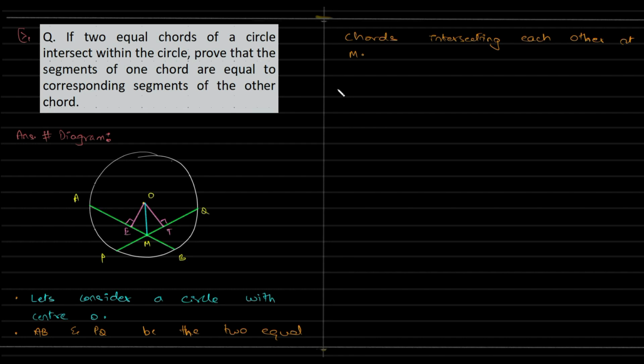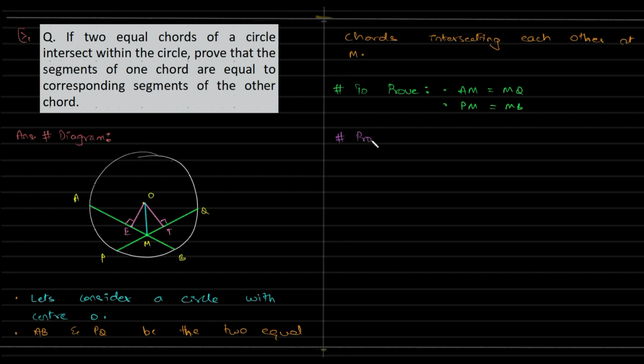And then we have to prove, so what is it that we need to prove? AM is equal to MQ and PM is equal to MB. This is what we need to prove.